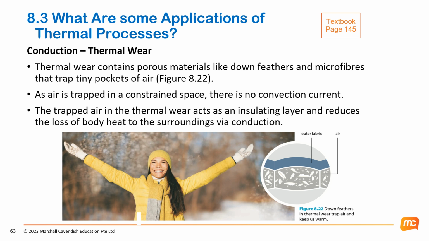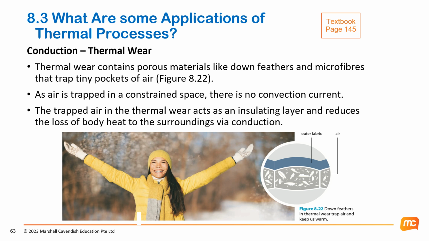Do we want the rate of heat transfer to be fast or slow? To keep yourself warm, we know that the heat transfer goes from the body to the external surroundings. We want to slow down the heat transfer. So how can we achieve slowing down conduction and convection? You can see in this slide over here, you have porous materials like down fibers and microfibers.